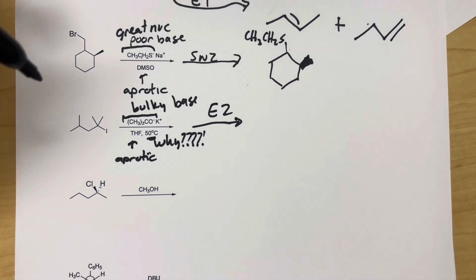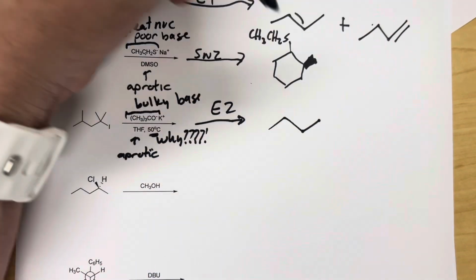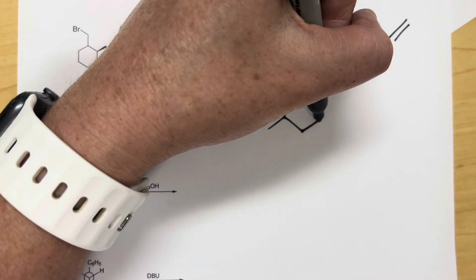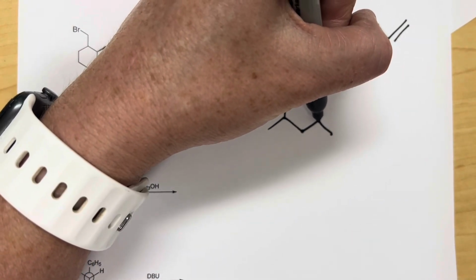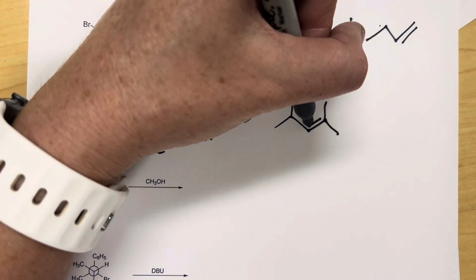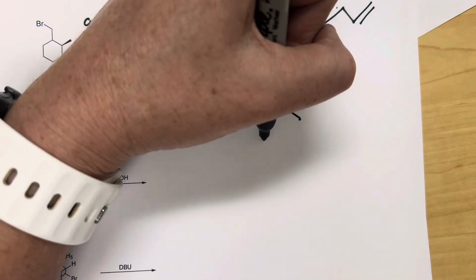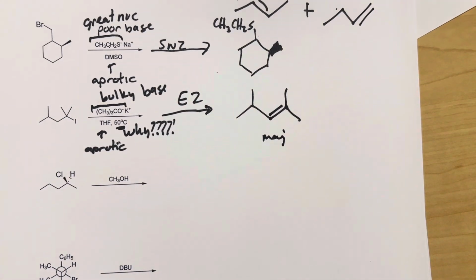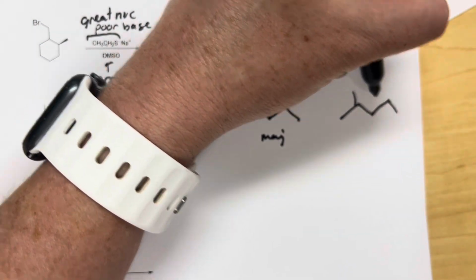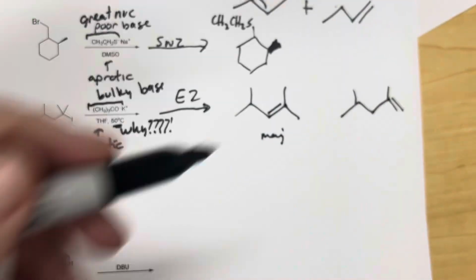So with an E2 reaction, we have that there. Then we have these two methyl groups, there and there. And then we're going to put a double bond there as our major product. And we'll have another one that looks very similar to that, except it will be there on the top one as our minor.